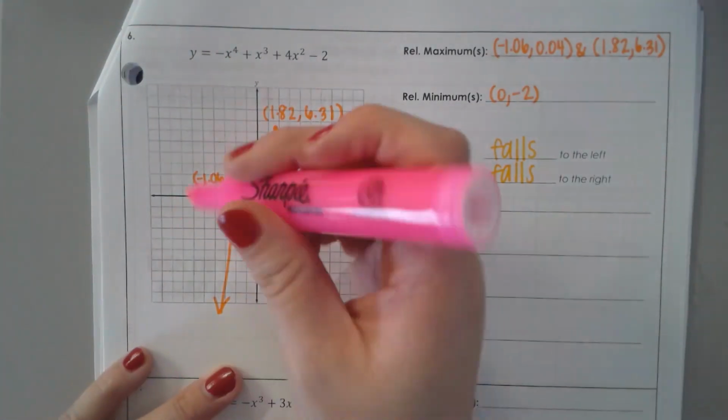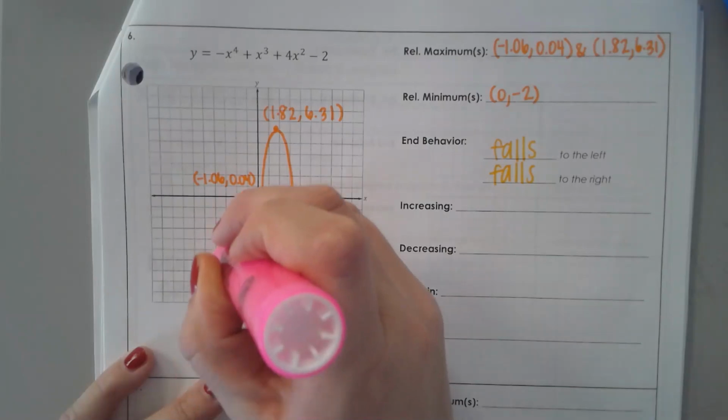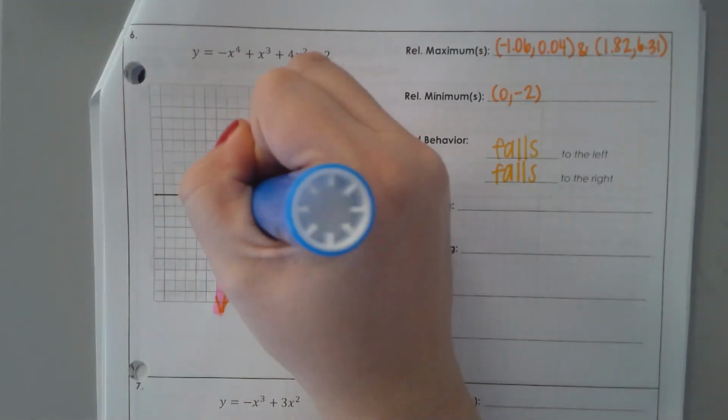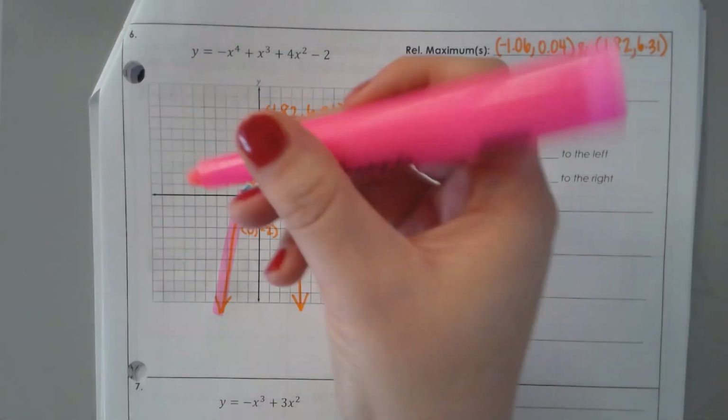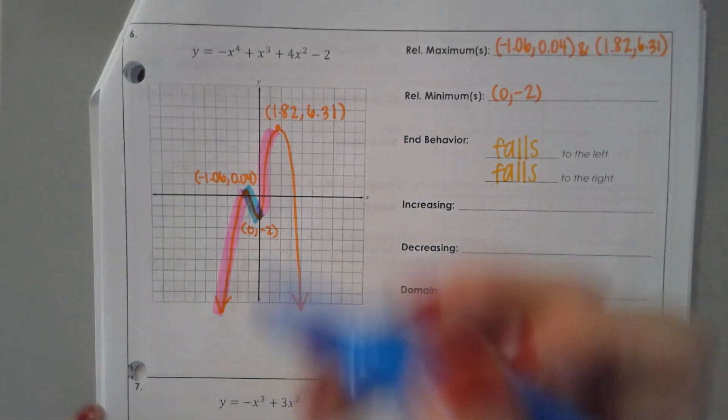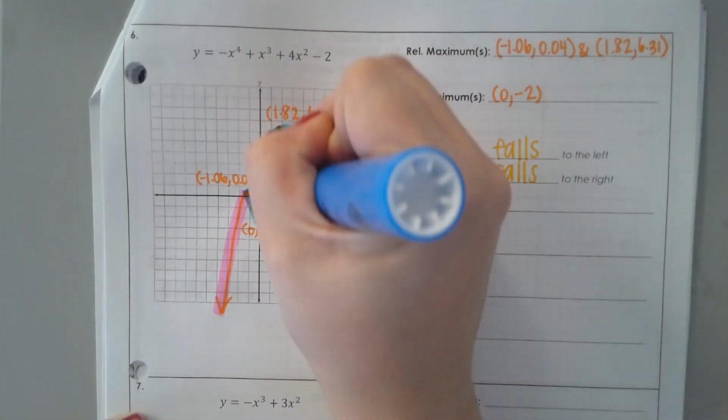So if I trace it, I would be increasing, and then I switch to decreasing, and then I switch to increasing, and then back to decreasing.